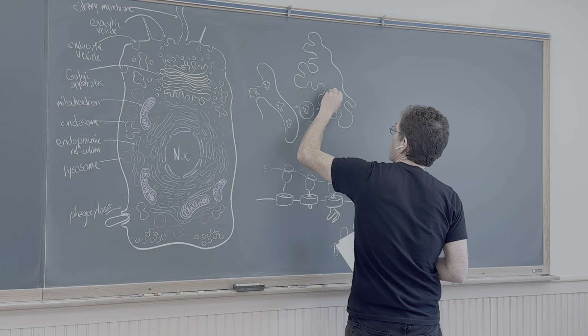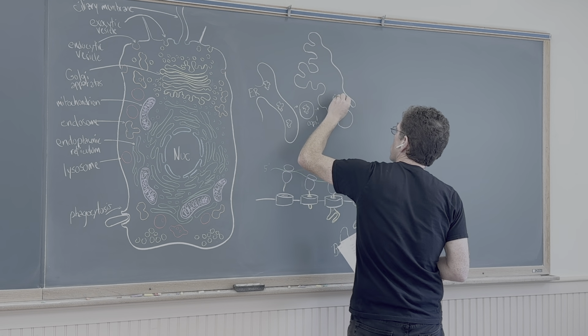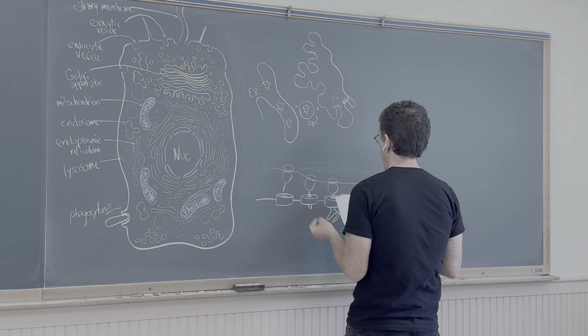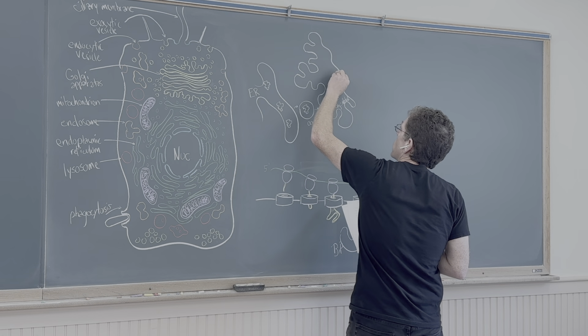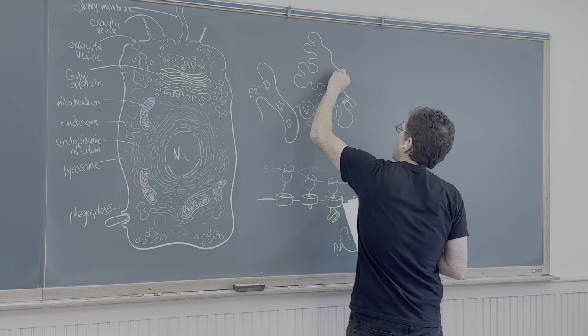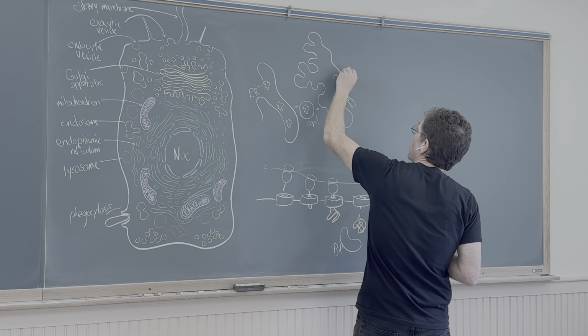Now this is supposed to be the cis-Golgi network. Within the cis-Golgi network is a protein that recognizes proteins that are supposed to stay in the endoplasmic reticulum.